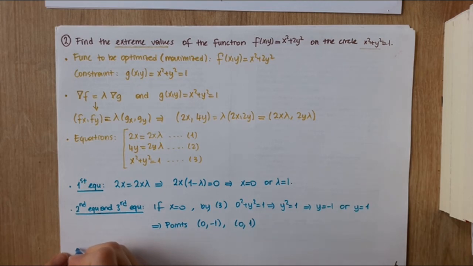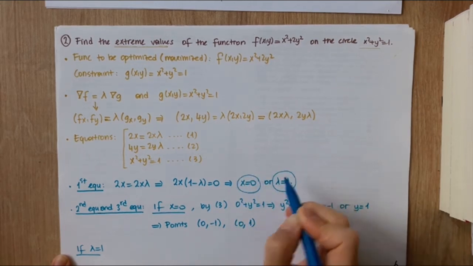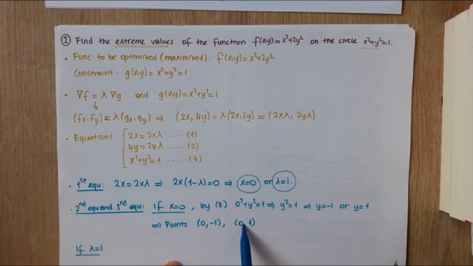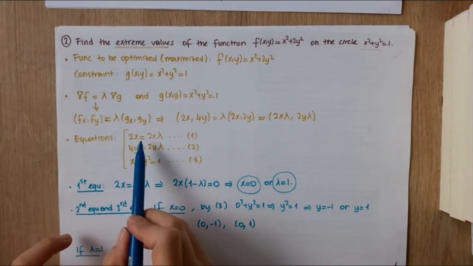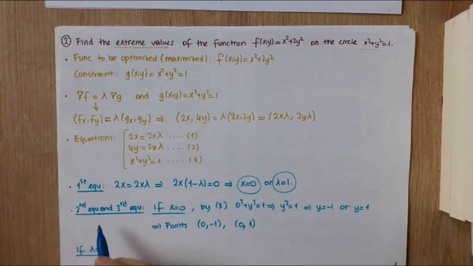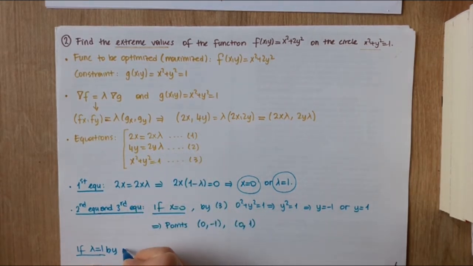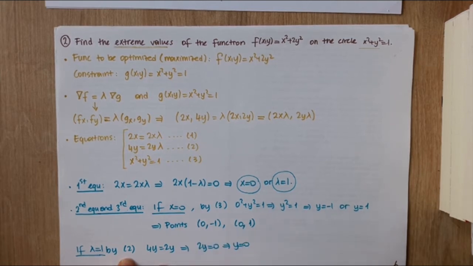If lambda equals 1, then I can use the second and third equations to obtain points. In the second equation, because lambda is 1, 4y equals 2y, which means 2y equals 0, so y equals 0.